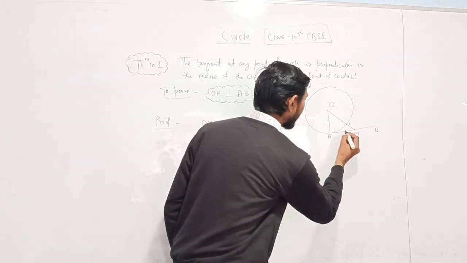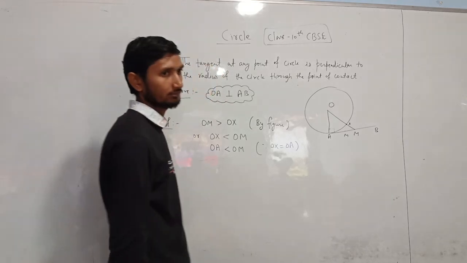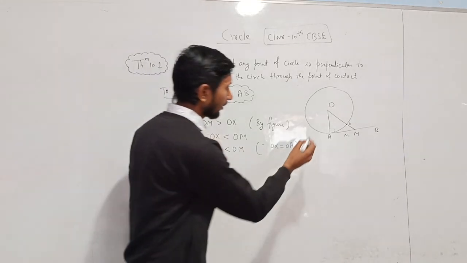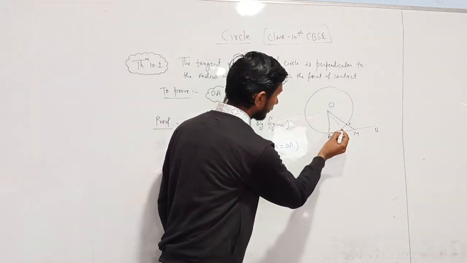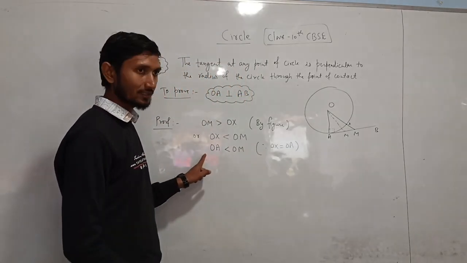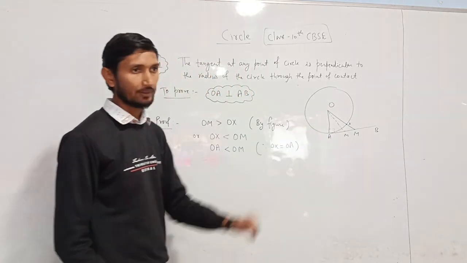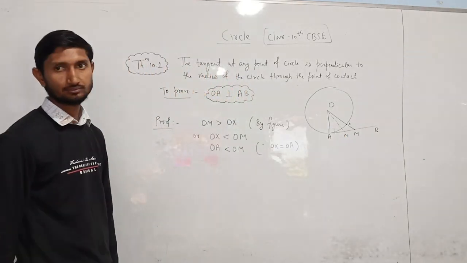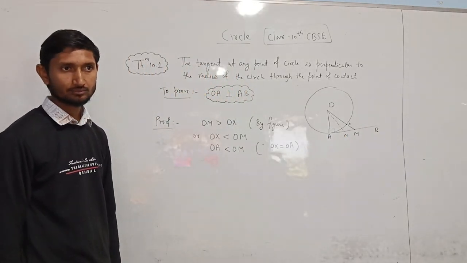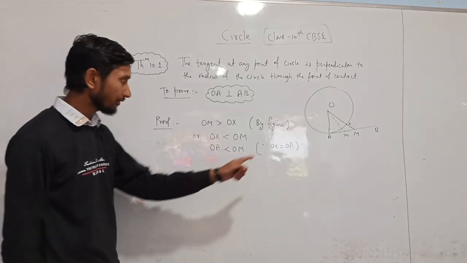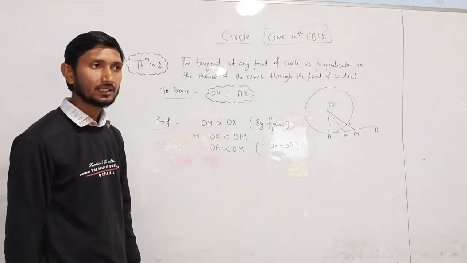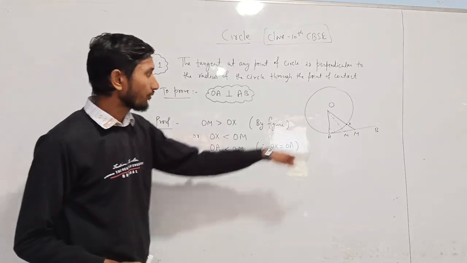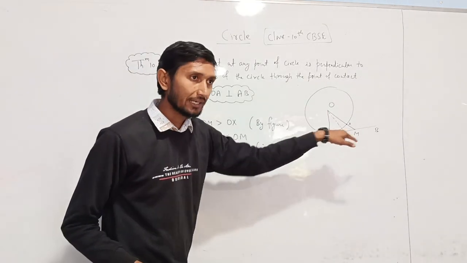If I take M here, then also OA is smaller than OL. If I take M here, okay, then also we can say that OA is the shortest distance from point O to AB.